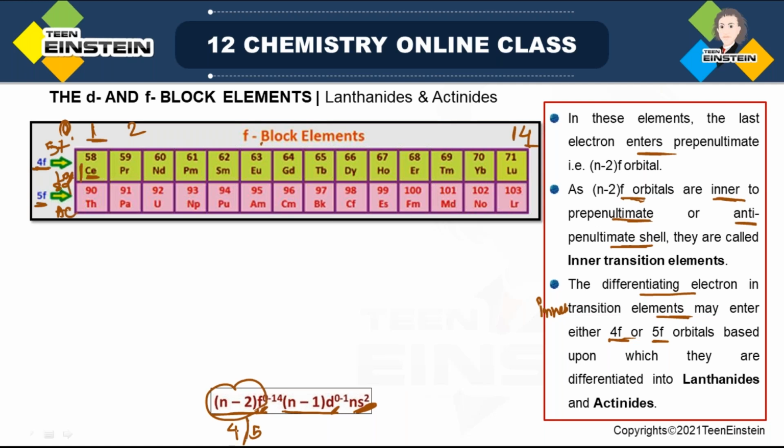When it is 4, then n-1 will be 5 and ns will be 6s. But when it is 5f, then this part will be 6 and this will be 7s. So the differentiating electron may enter either 4f or 5f, based on which we have 2 different series, lanthanides and actinides. Fine.